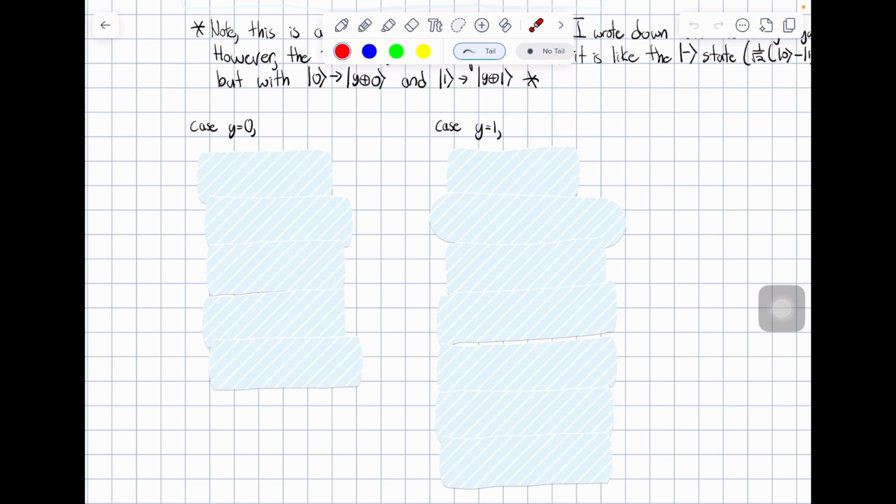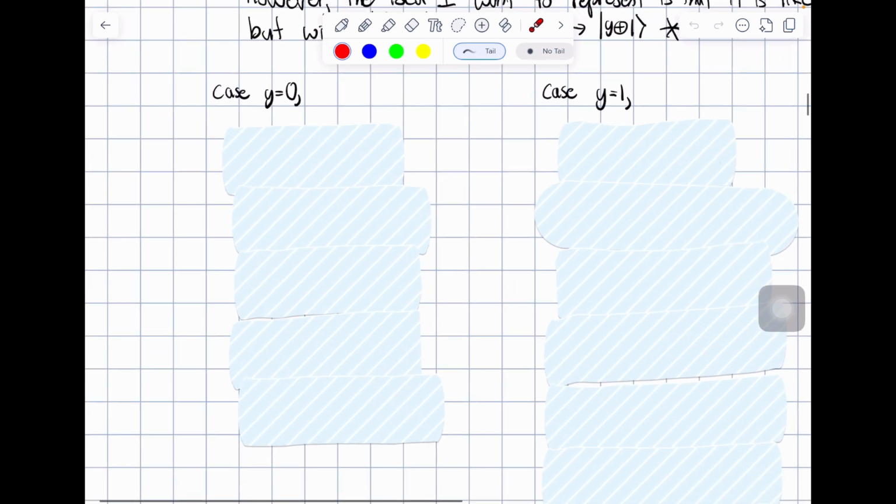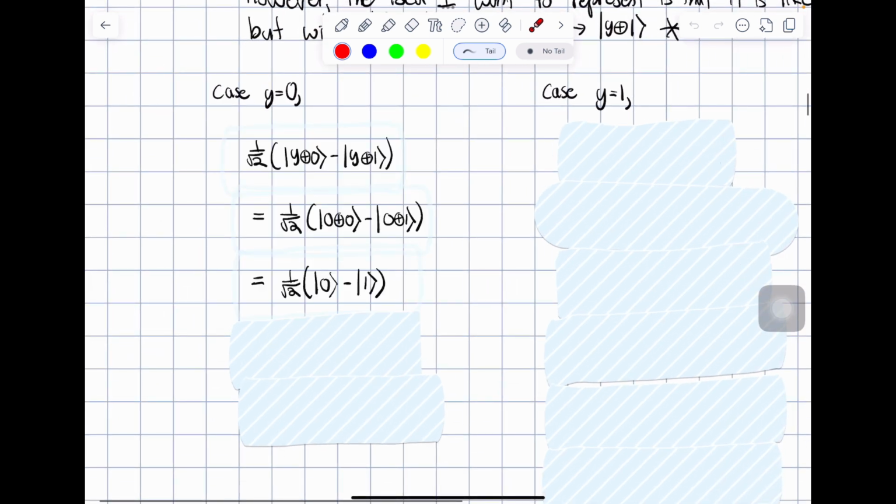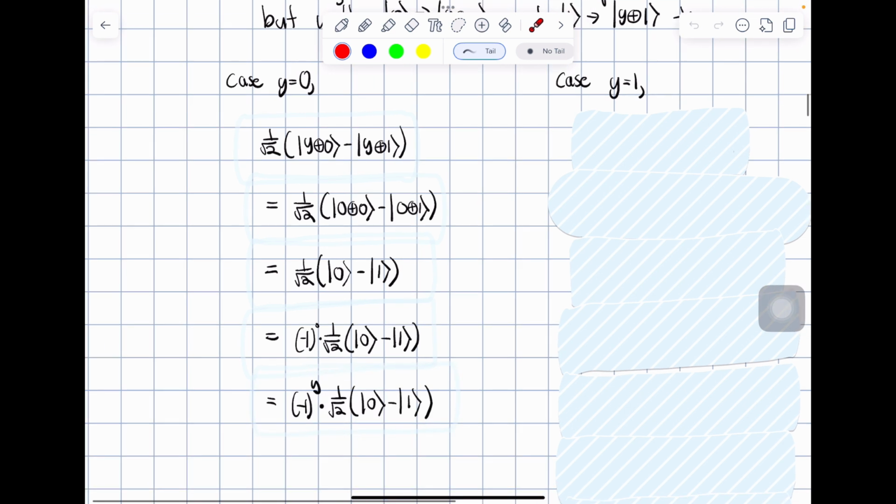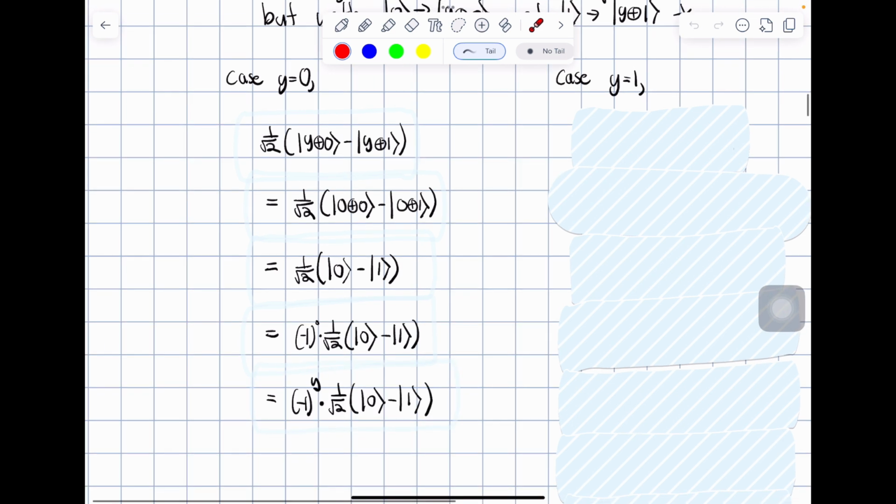Anyways, this expression is true for y. Y is an arbitrary bit, 0 or 1. That's only two possible cases. So all we need to do to prove that this is true is walk through the two cases where y equals 0 and where y equals 1. In the case of y equals 0, we start with our starting expression, 1 over square root 2, y XOR 0 minus y XOR 1.